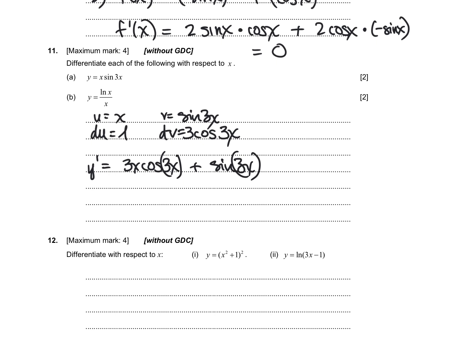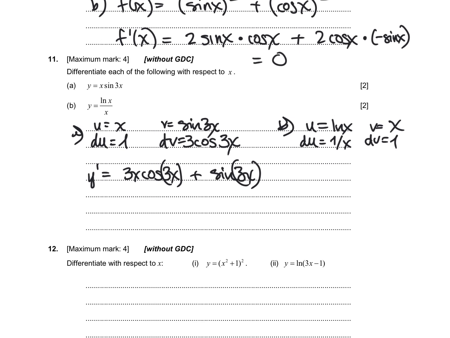All right, and then B, we're going to have u is natural log x, v is x, and then du is 1 over x, and dv is 1. So then we're going to have quotient rule here.